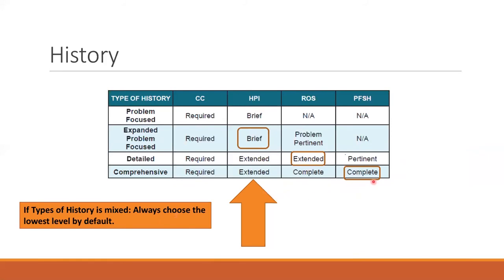So you can have a complete history, but only a brief HPI, but you would not split the difference and call it a detailed. We would call that a problem-focused visit because your history of present illness was only brief. So you always default to the lowest setting.